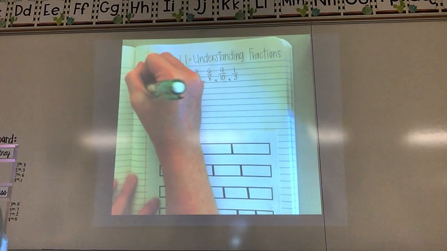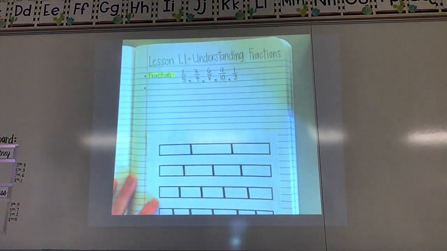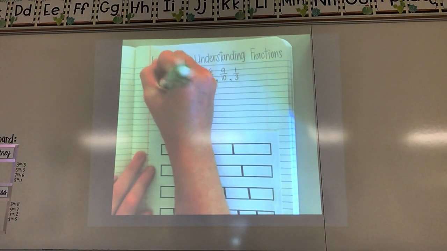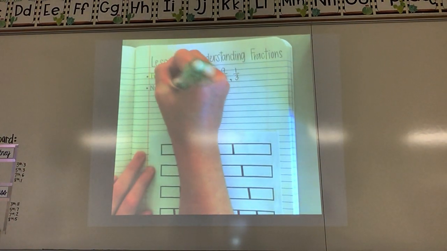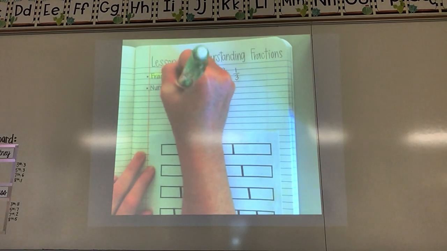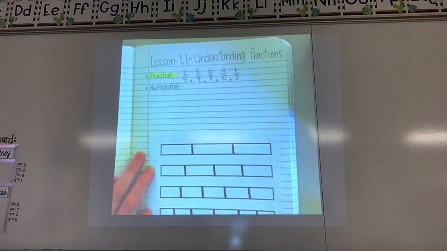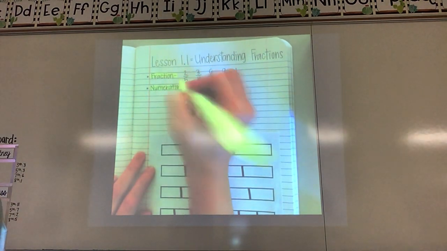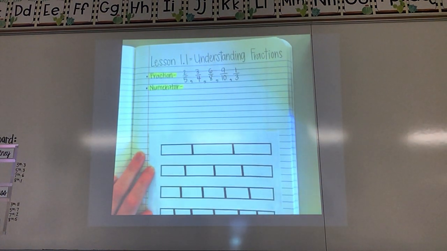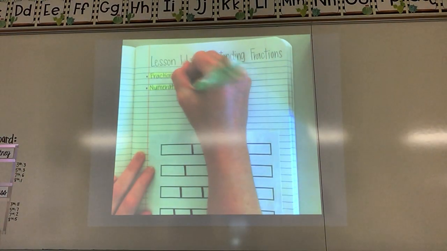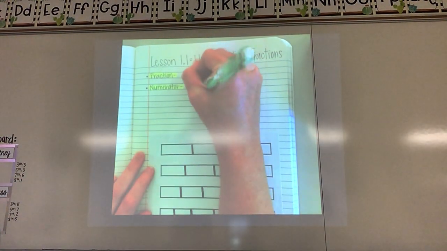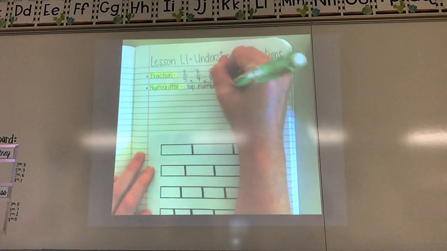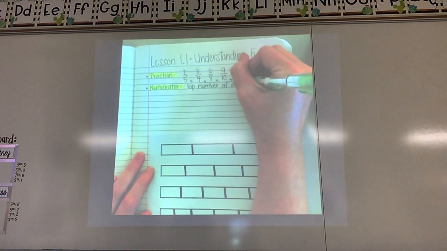Another vocabulary word that we need to remember when we're working with fractions is called a numerator. Think back to fourth grade and see if you can remember what a numerator is. The numerator is the top number on a fraction.